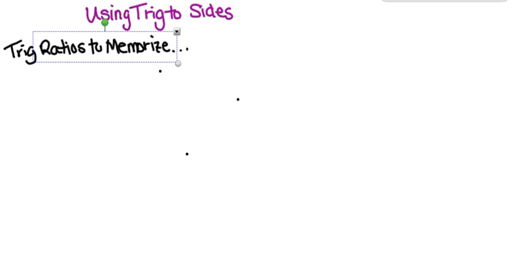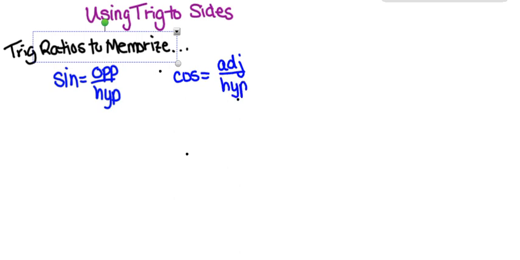Remember back on day one, we said that the sine value was equal to the opposite over the hypotenuse, that cosine was equal to the adjacent side over the hypotenuse, and that the tangent of an angle was equal to the opposite side over the adjacent side.